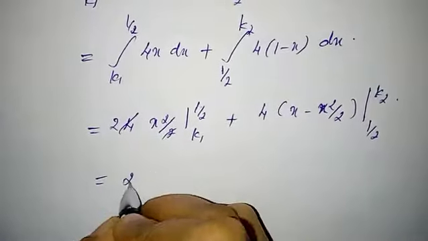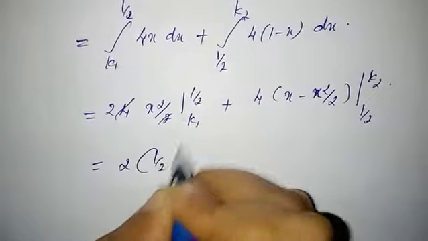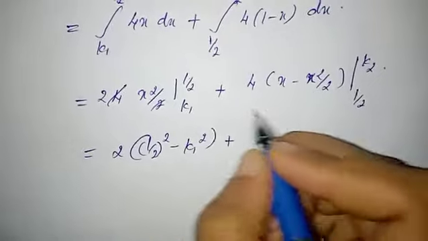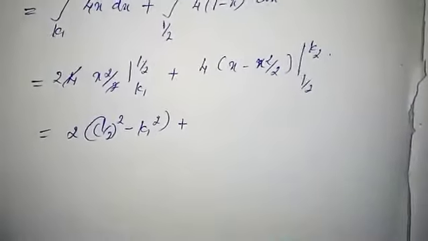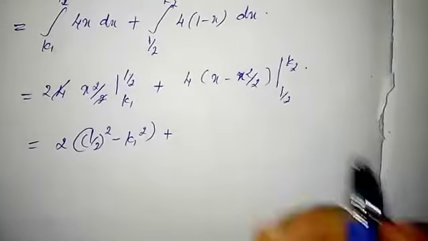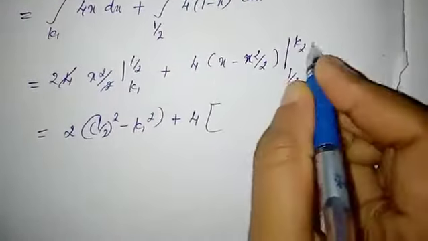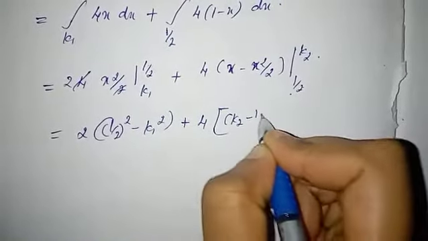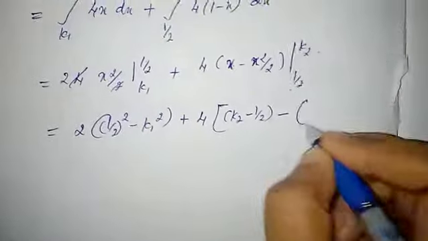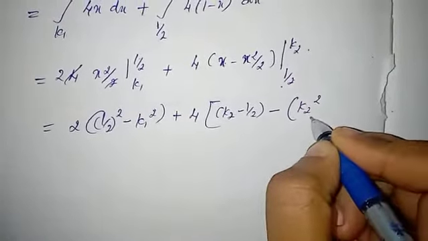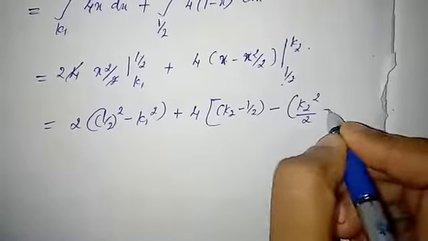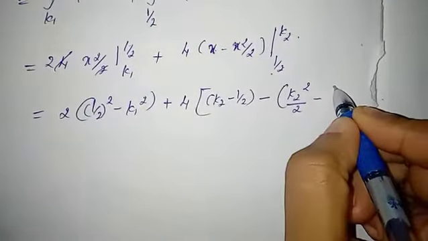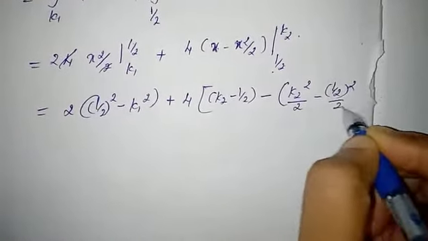Then remaining 2, that is 2 times (1 by 2 squared minus k1 squared). Here substitute the values, and here also you will substitute the values, right? That is 4 into, first we substitute this value, k2 minus 1 by 2, then minus this term, that is k2 squared divided by 2 minus 1 by 2 squared divided by 2.